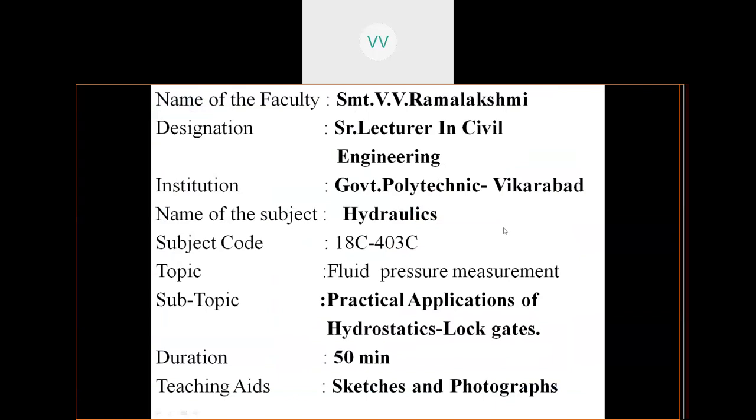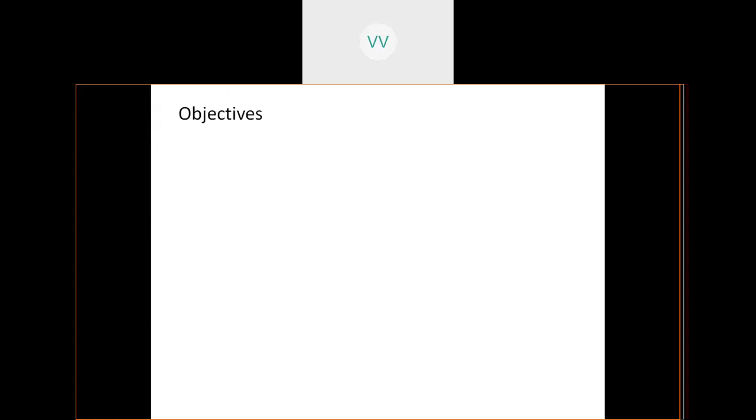The meaning of a sluice is an opening, so a gate provided for an opening is called a sluice gate. We had seen that there are pressures on either side of the sluice gate, that means on the upstream side and downstream side, and we found the resultant pressure and the point of application of the resultant pressure.